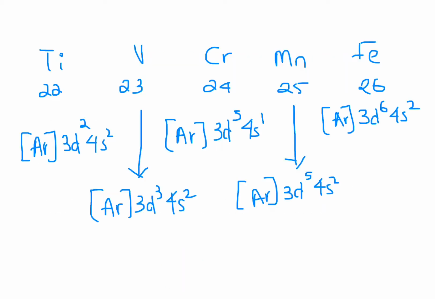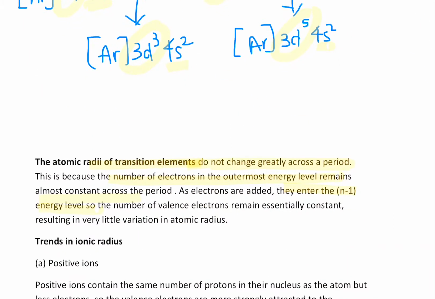Nuclear charge is definitely increasing, but the highest principal energy level is the fourth energy level, and all electrons that come in go in the 3D orbital, right? As they're going into the n-1 energy level, it's not going to affect the size as the number of valence electrons remain constant.